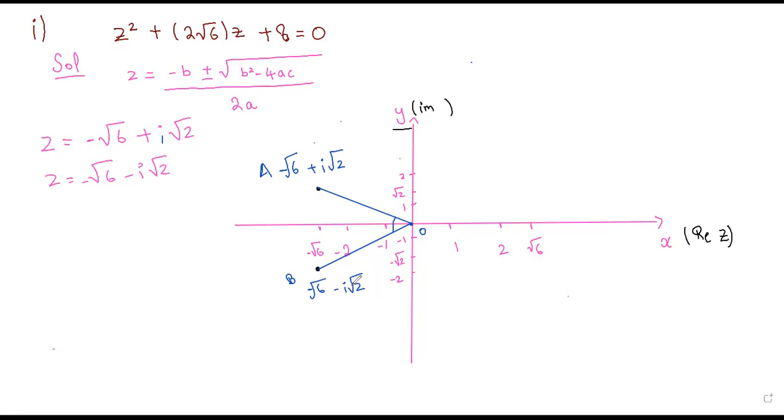If you want to find the argument first, do you remember we used to find argument? Yes. So we do it this way: tan inverse of y. What is y? Y is under root 2 divided by under root 6 with a negative sign.